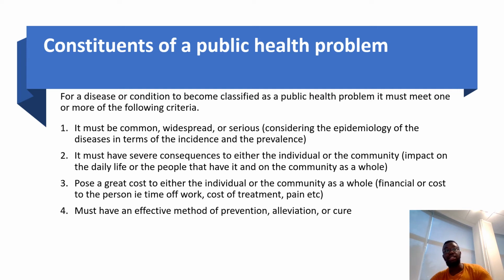We're looking at the cost to the individuals and the cost to the community as a whole. So for example, we look at how much it will cost an individual to manage this problem or to have it treated. If you multiply that by the number of people that have this problem in a community, you can make an estimate of what this community could be spending financially on this kind of problem.